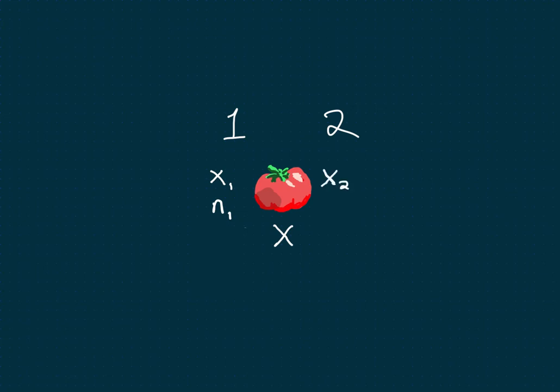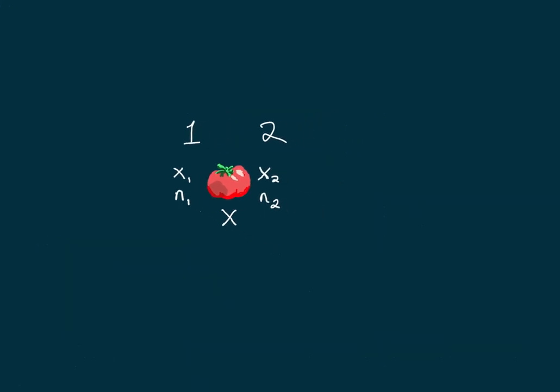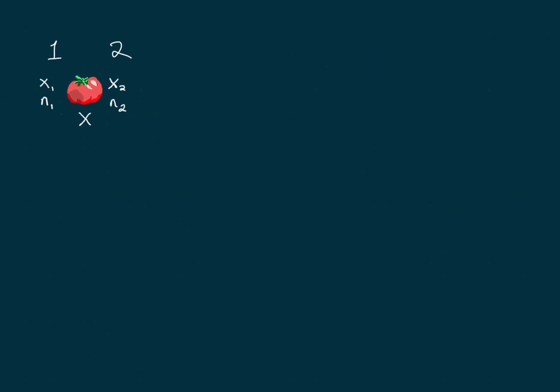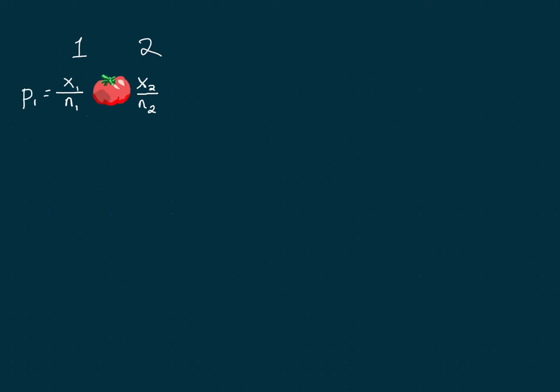Likewise, for supplier number 2, the grocery manager will take a sample of N sub 2 tomatoes and record as X sub 2 the number that are rotten. And now we can calculate the proportion in each of these samples by simply dividing the number of rotten tomatoes by the number in each sample. Okay, so that will get us our P sub 1 hat and our P sub 2 hat.